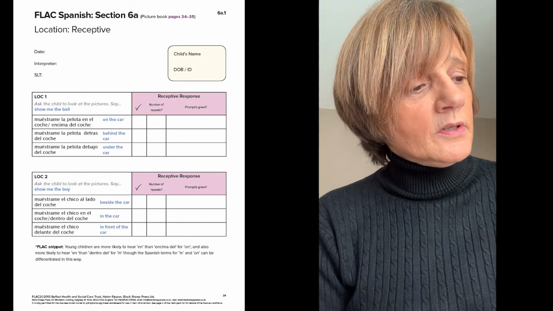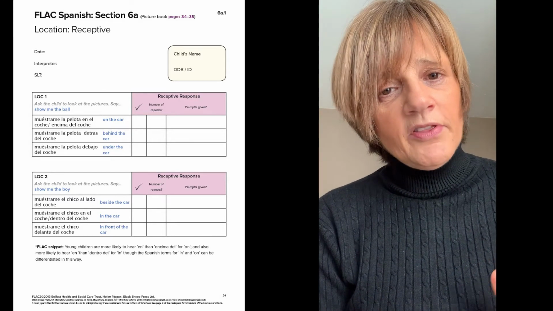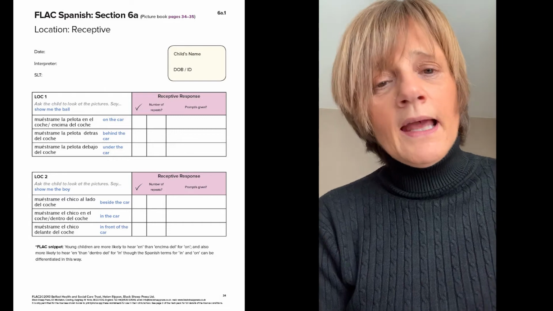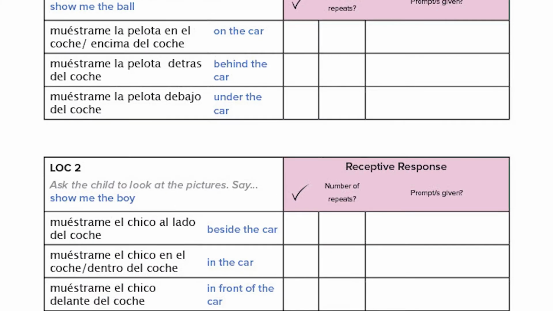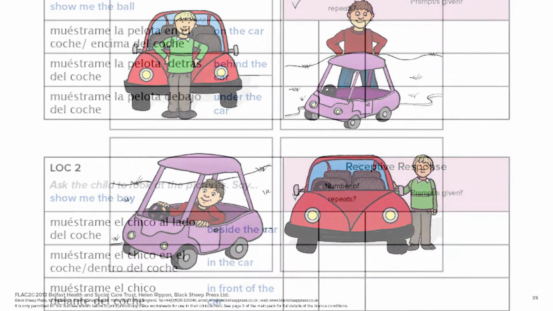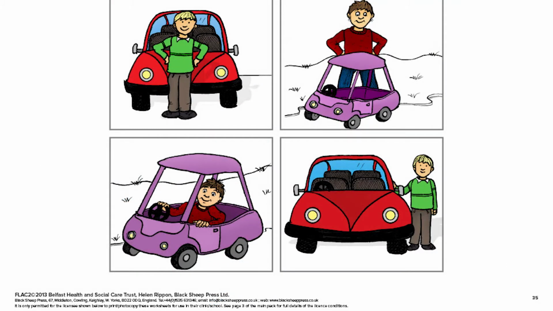You will also see, for example, if you look on the Spanish record forms on page 24, that we have put FLAC together sympathetically to languages that are not English. So for example, speech and language therapists will often contrast children's understanding of in and on. So we might say, show me the boy who's in the car, show me the boy who's on the car.